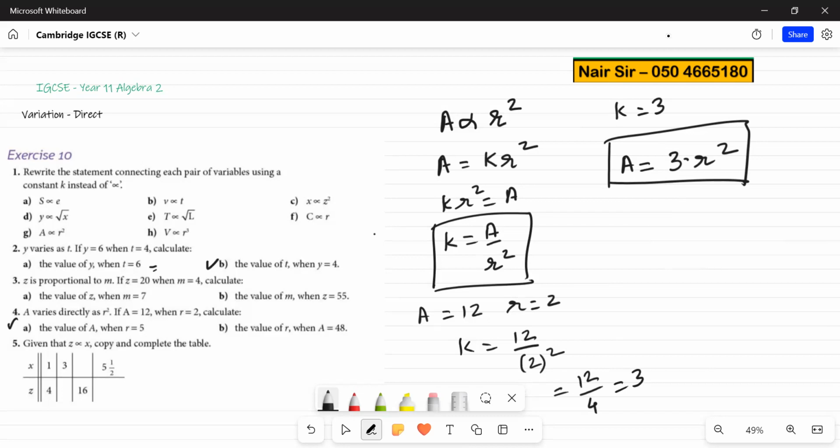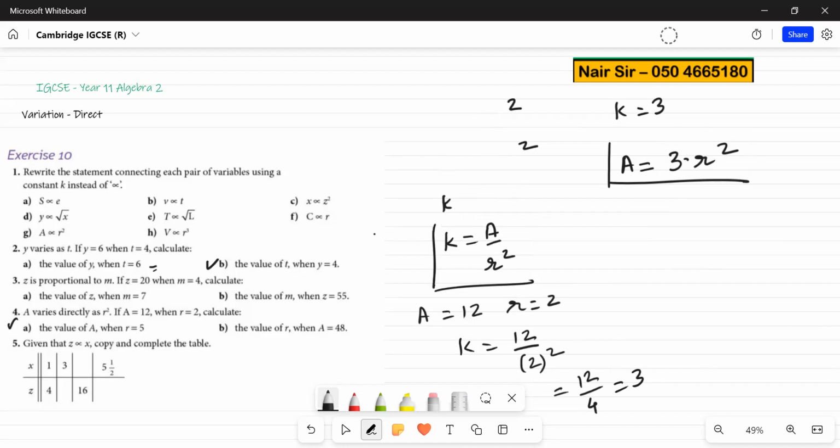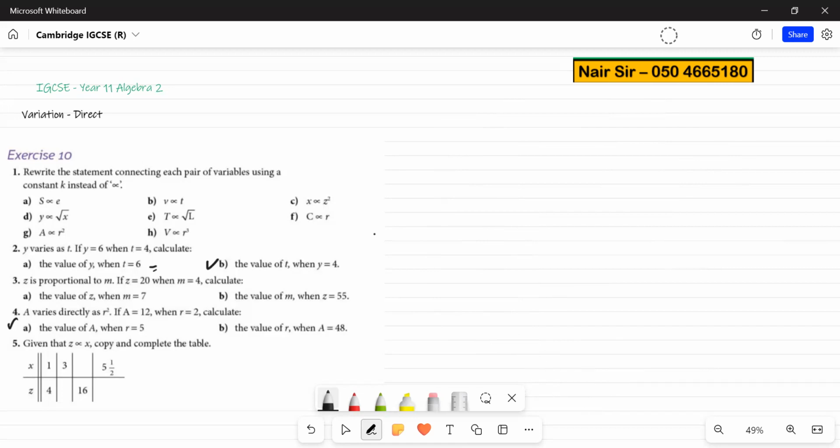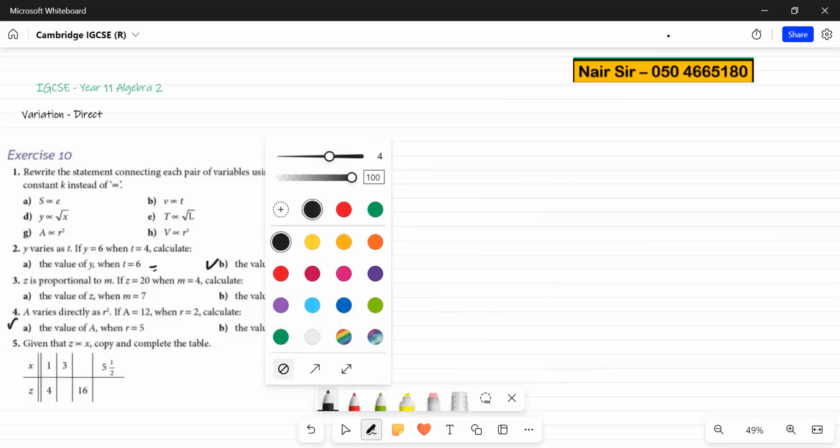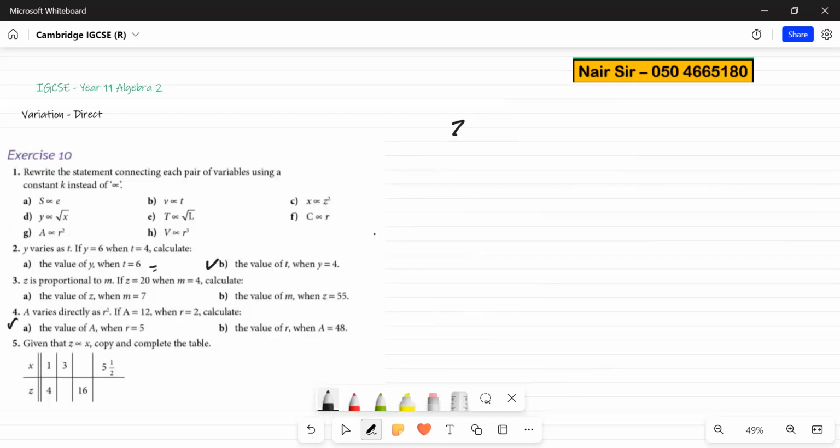Okay, question number 5 also is possible. You can do it. Remember that here they're talking of x. I'm just giving an overview of question number 5. Question number 5 is telling me that z is directly proportional to x. So z is equal to kx. Remember that you have to write like this. Then only you will get the value of k, and that is nothing else equal to z upon x.